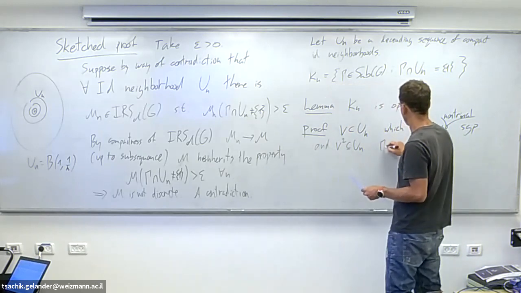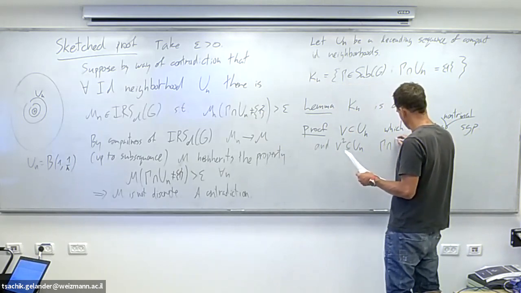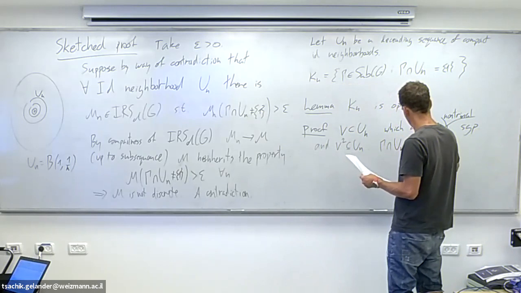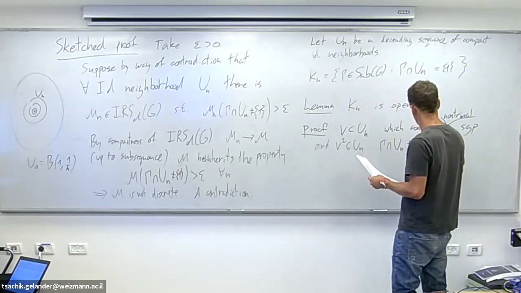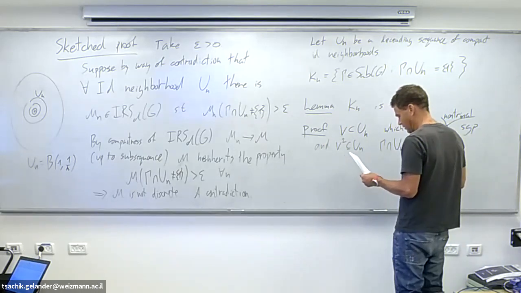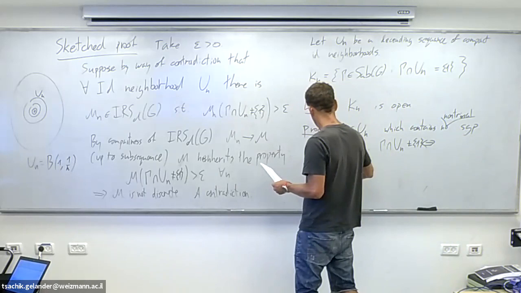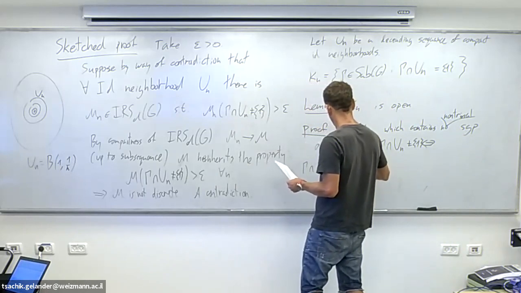Now I claim that gamma intersect UN non-trivially is equivalent, actually, to gamma intersect UN minus V.